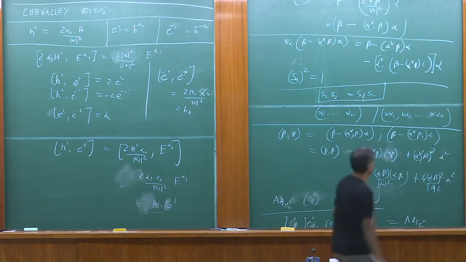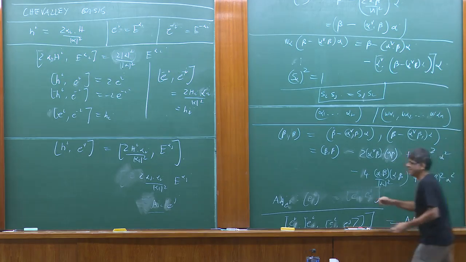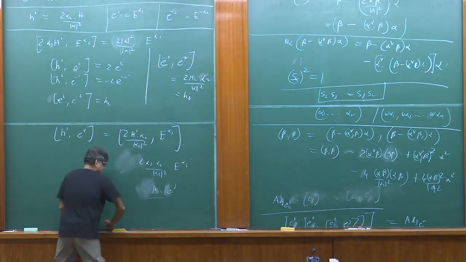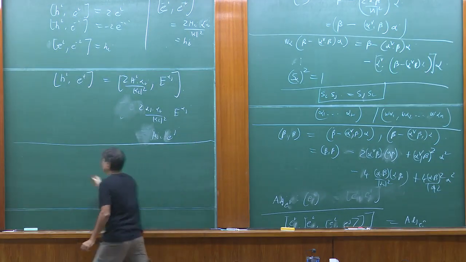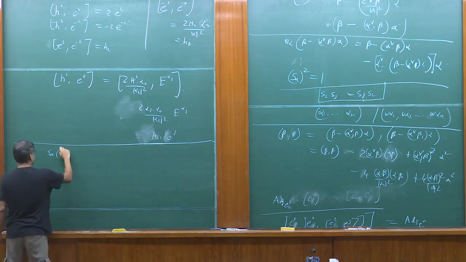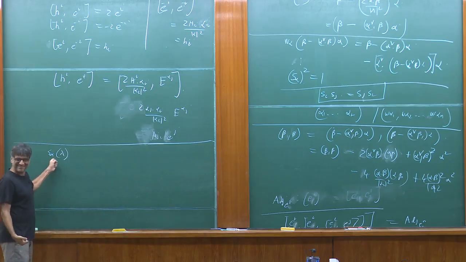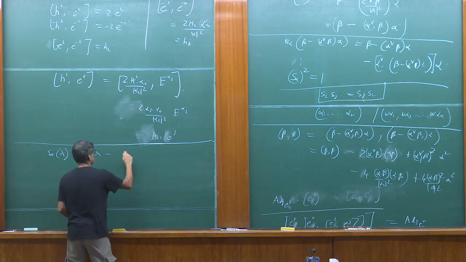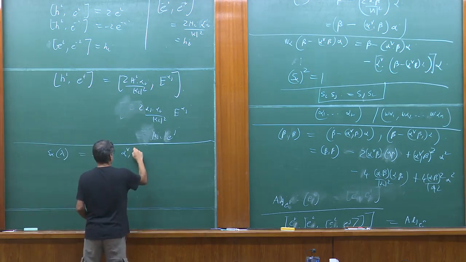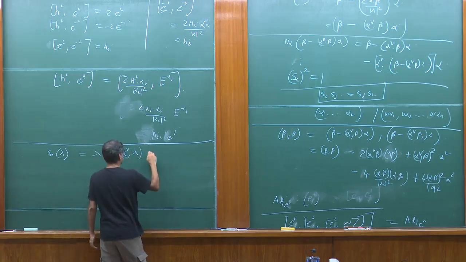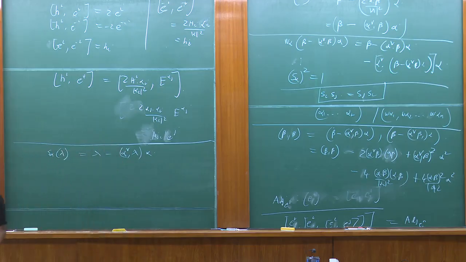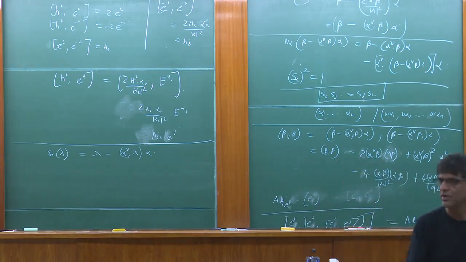So S alpha on lambda, this is Weyl reflection by alpha, is equal to lambda minus alpha v inner product lambda, sometimes I use this thing, sometimes dot, it's the same thing, inner product, times alpha. So if you've got a weight associated with any root, we've defined the Weyl reflection of that weight.